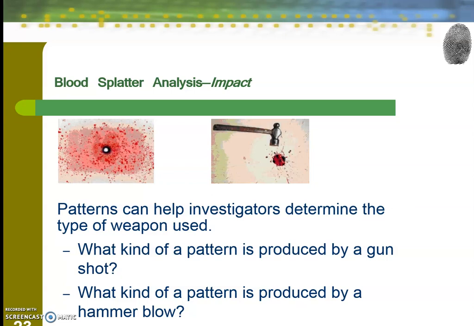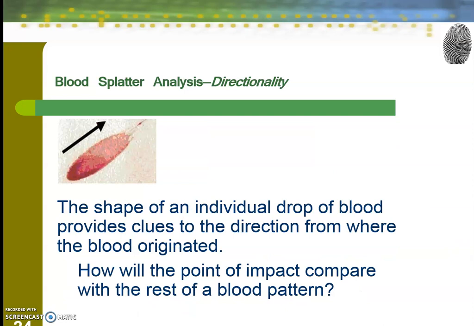The one on the right is produced by a hammer blow. That could be a hammer, it could be a baseball bat, anything heavy that you would hit someone with. And you can see there is some splattering, but it's not as much because the force and the speed is much different in this situation.